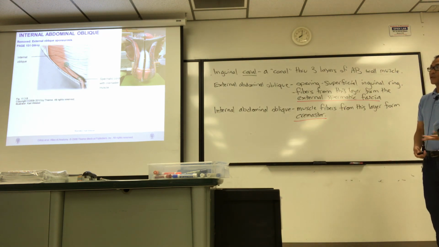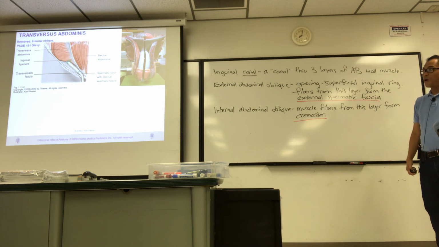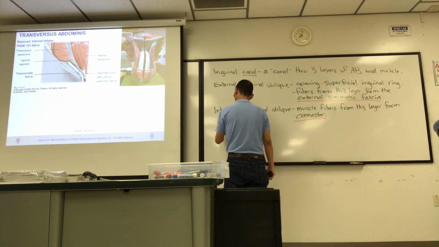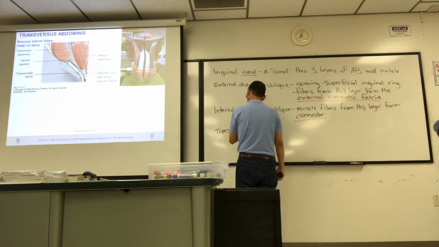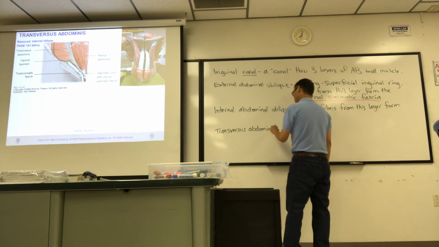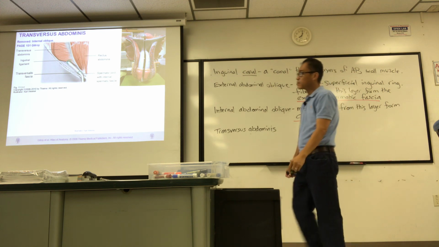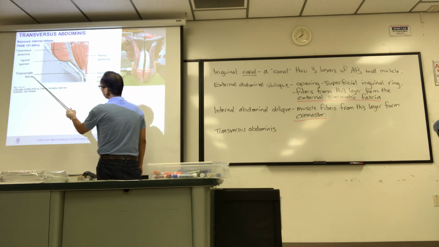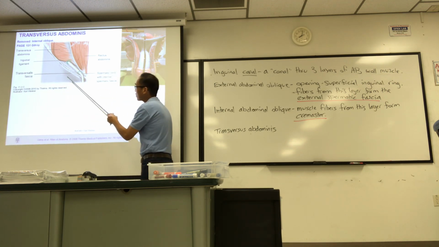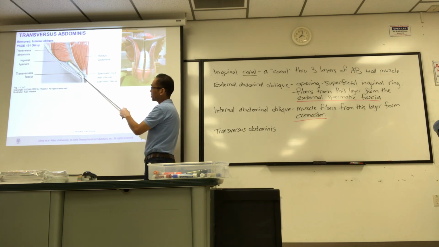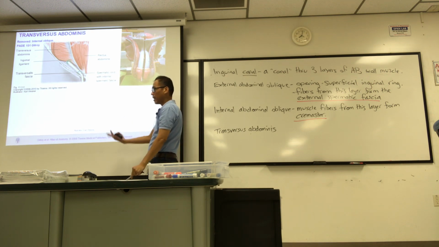And if you dissect another layer away, we get to the deepest layer of ab wall. That is the transversus abdominis. Okay, there's some connective tissue fibers, the gray, that form, well, the term here is transversalis fascia. So from this layer, the transversalis fascia, they form the internal spermatic fascia around the spermatocord and testes.